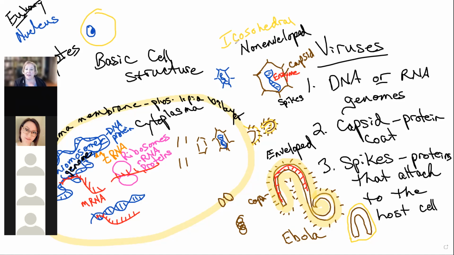Now there is a third shape of capsid. It's the only other one you need to know for this class, but we call it complex. So let's say I've got a bacterial virus, a bacterial phage. It's got an icosahedral head, a helical shaft, and its spikes are these funky little leg things.